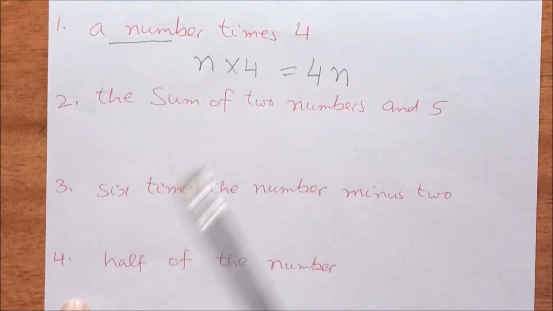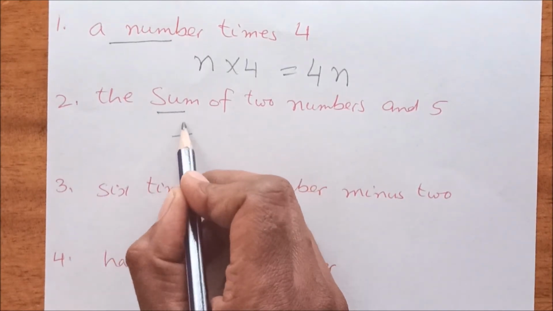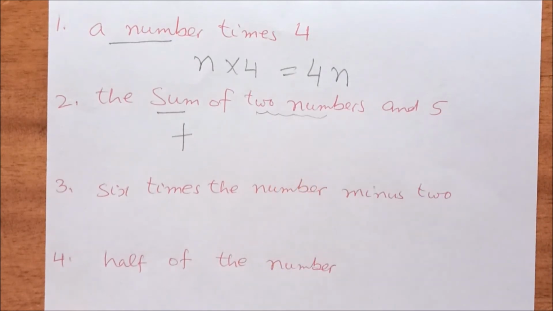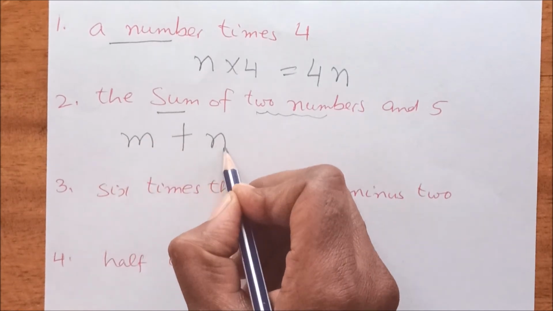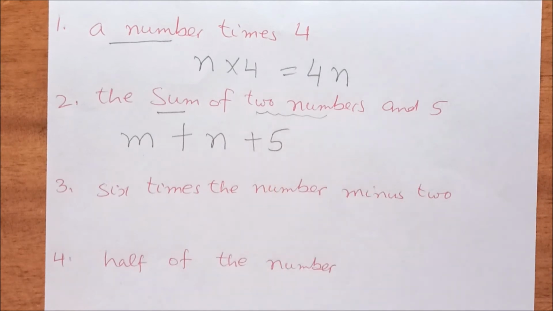Second, the sum of two numbers and 5. Sum is the addition of two numbers, so we have two unknowns here. Let us take m plus n, the sum of two numbers, and 5.